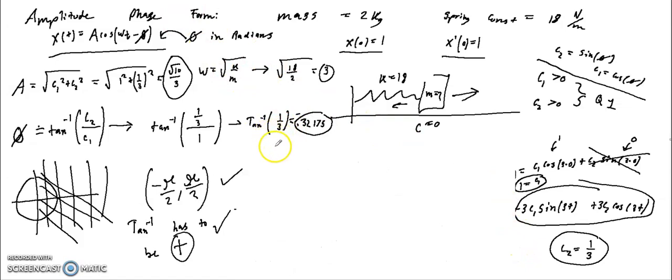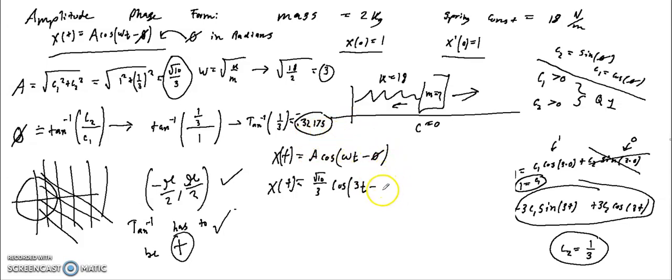So we have our amplitude phase form: x of t equals A cosine of omega t minus phi. So x of t equals, well, A is radical 10 over 3, cosine of omega, which is the square root of k over m, the square root of 18 over 2, equals 3, times t minus phi, which we found to be 0.32175.